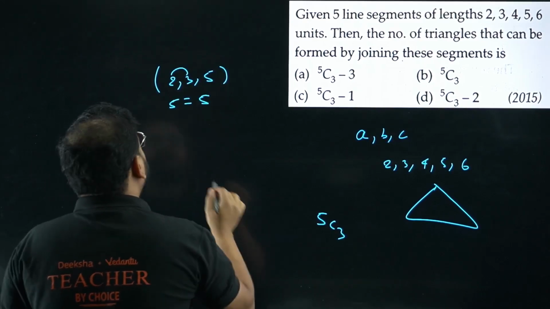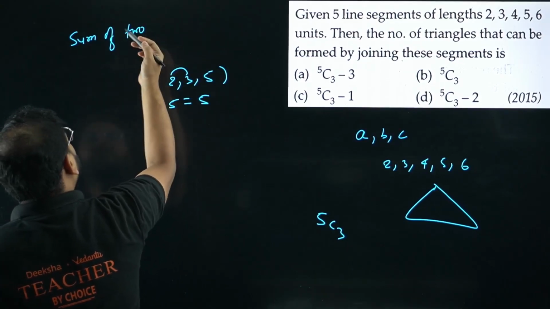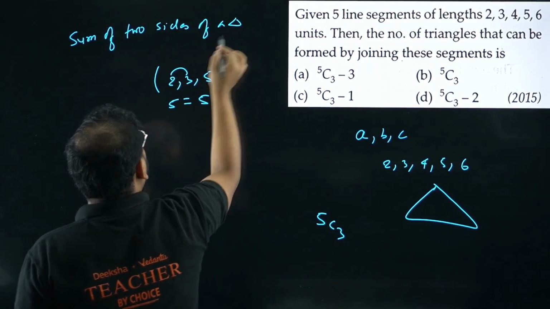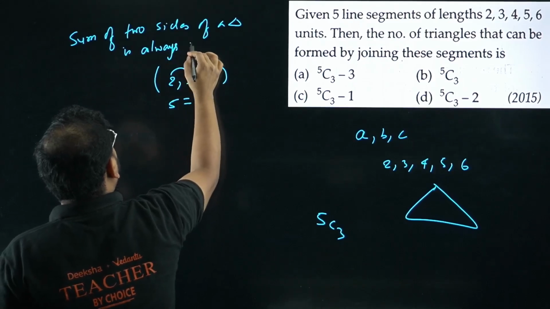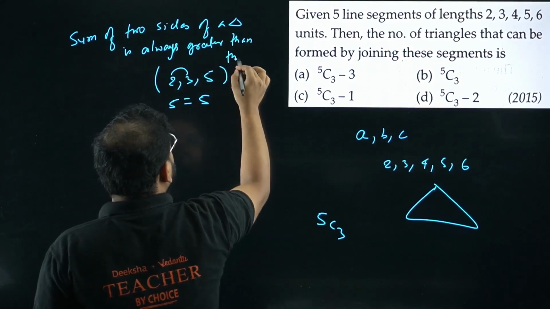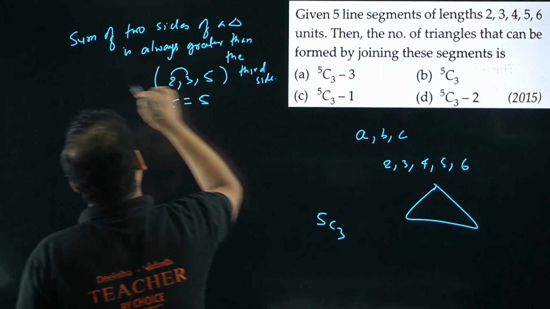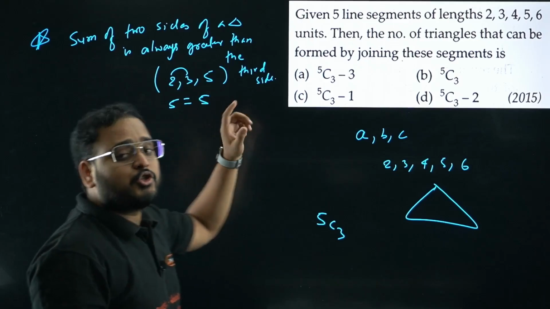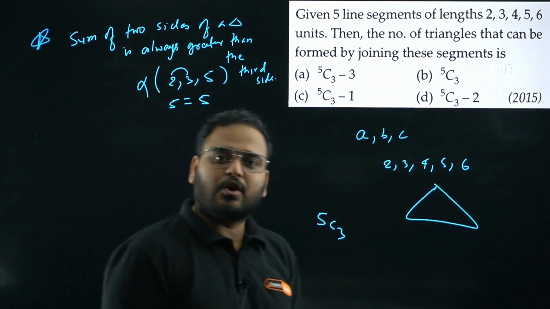We know that the sum of any 2 sides of a triangle is always greater than the third side. So 2 plus 3 should be greater than 5. This case is not possible.